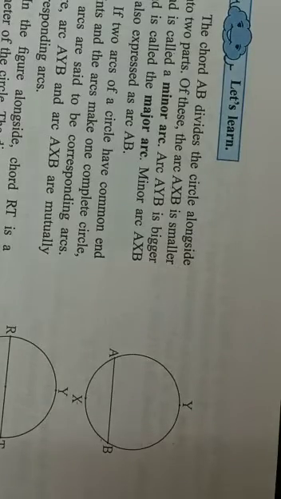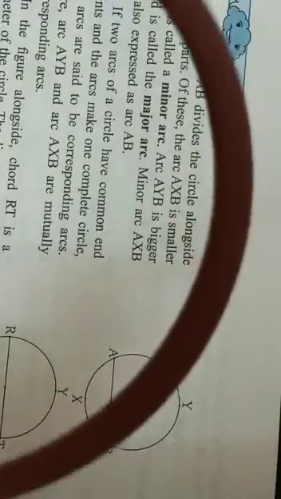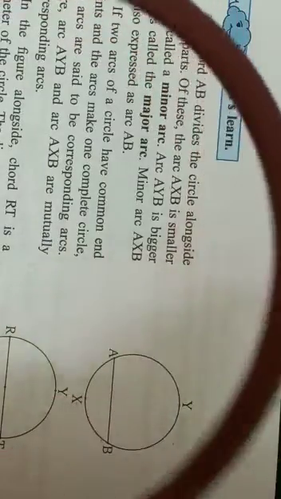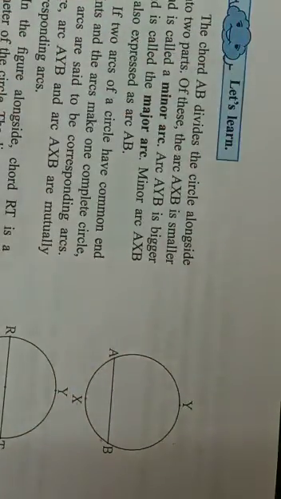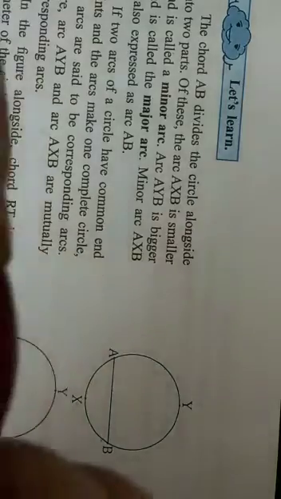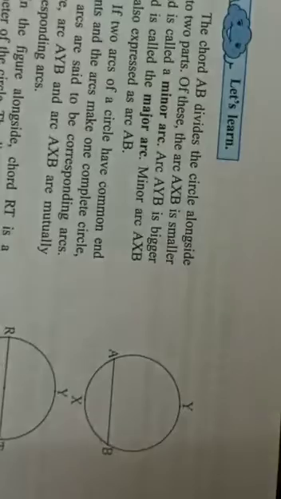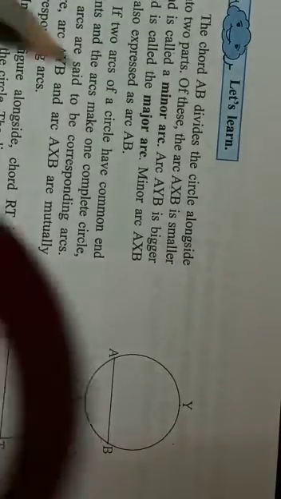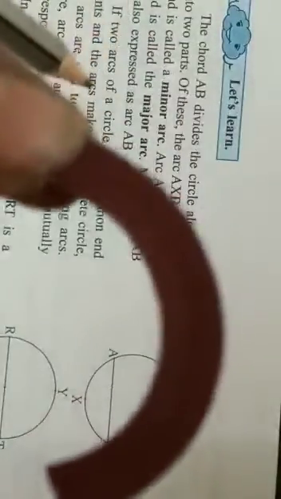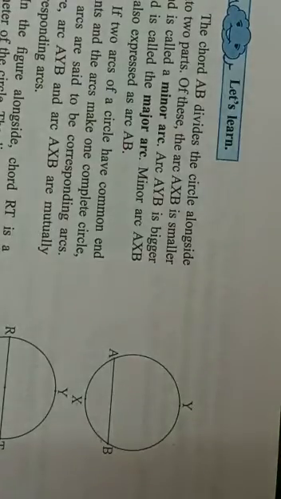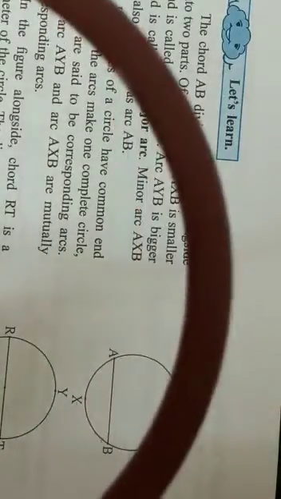I'll just give you one example. If you look at this, you will tell me this is the bigger arc, and if you look at this, you can tell, this is so small, a smaller arc. By the shape and size, you can clearly say this is a smaller arc. See, this is the bigger arc.